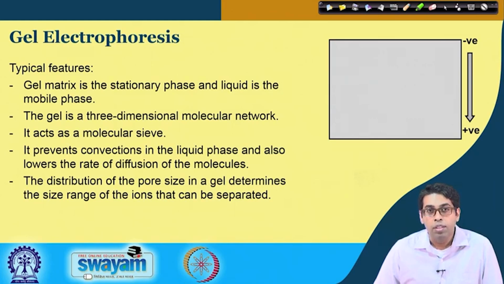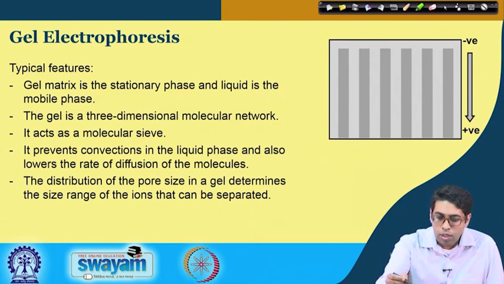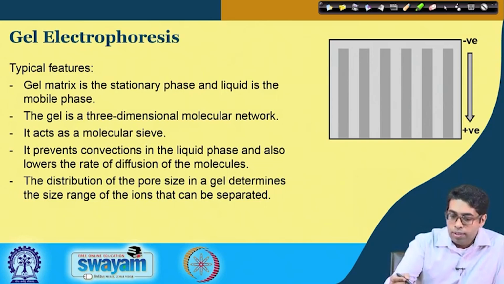What we do is we apply an electric field across this gel. One side is a positive terminal and the other side is the negative terminal, and these molecules are ions. The negatively charged ions will start moving from the negative terminus towards the positive terminus.